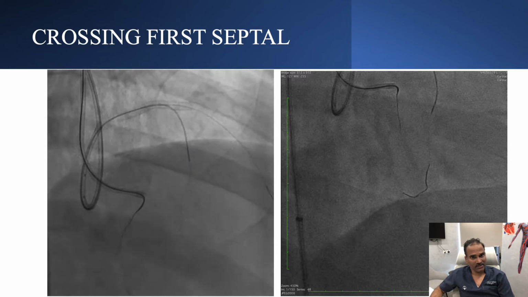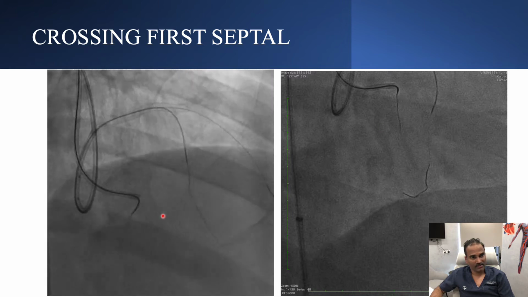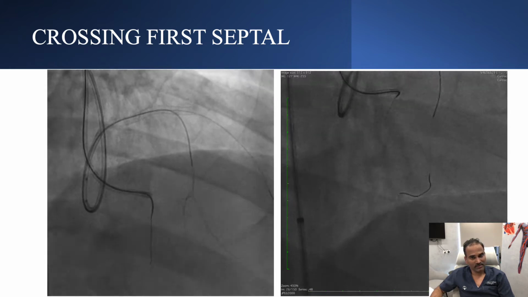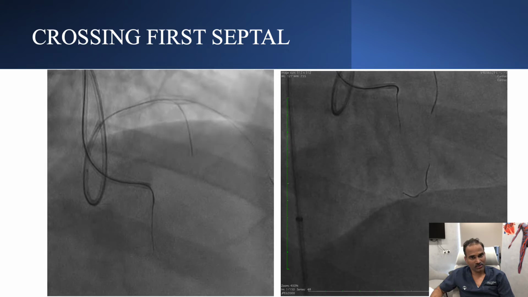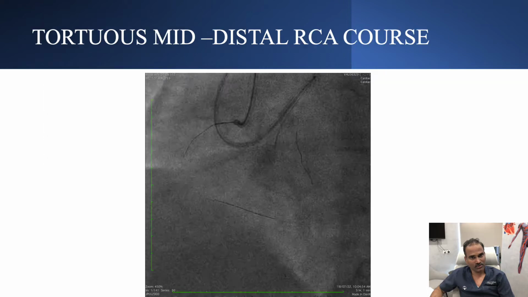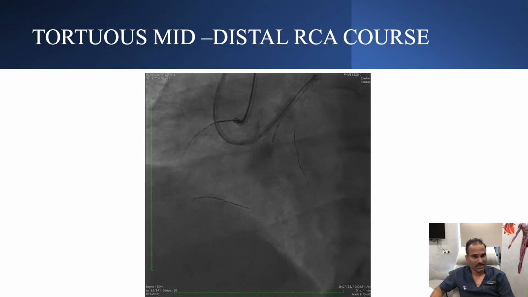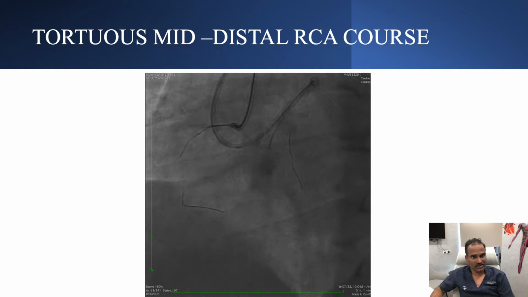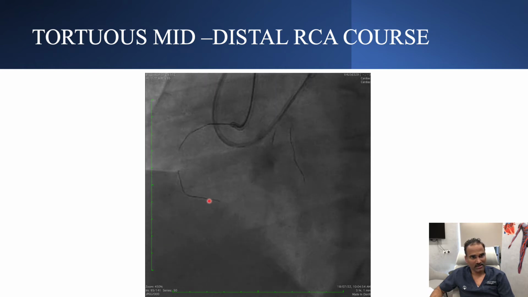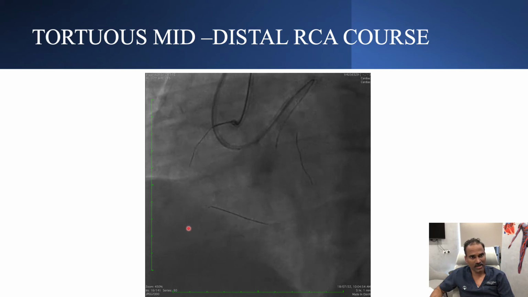After we entered the first septal, we visualized the course of the vessel, and then CO03 crossed into PDA and then into RCA. Now you can see here again the mid RCA is showing a huge bend.